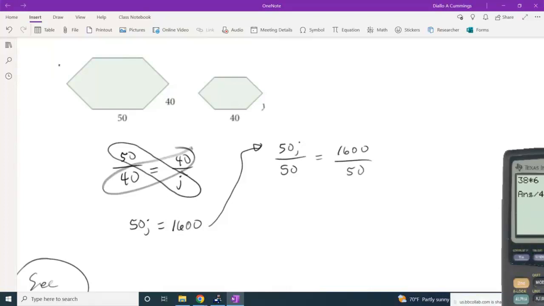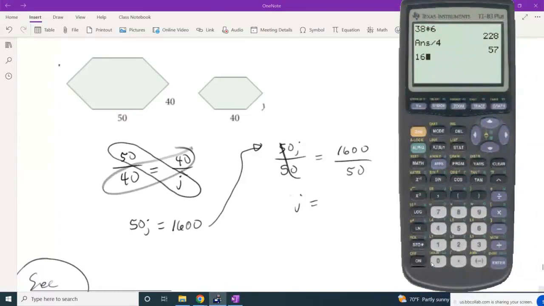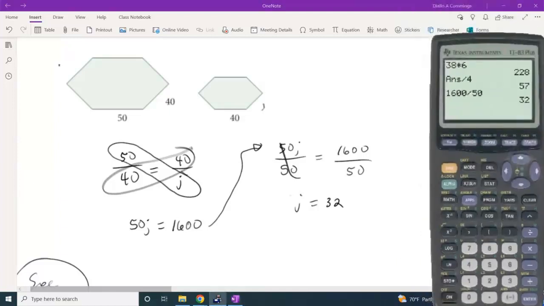So we're going to divide both sides by 50. On the left-hand side, the 50 cancels, so we're left with j. And 1600 divided by 50 should give us 32. So the missing side length j has a length of 32.